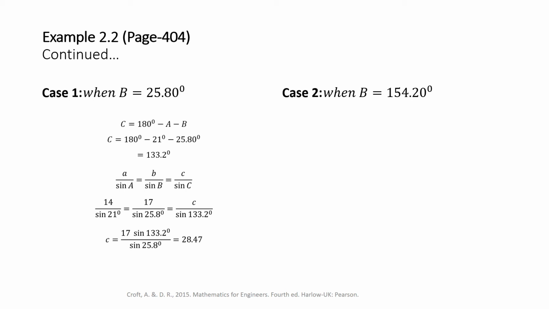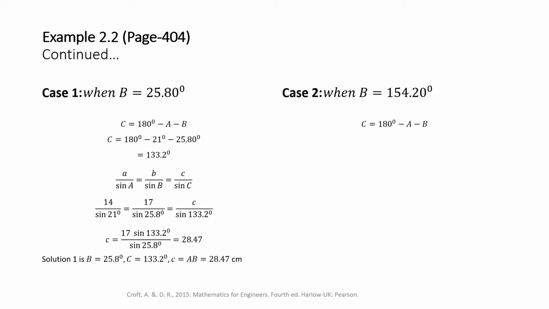So from the last two ratios we can calculate c. So c is 28.47. So this is the first solution: B is 25.8, C is 133.2, and AB is this.